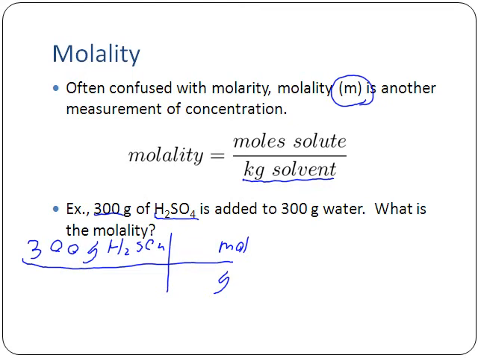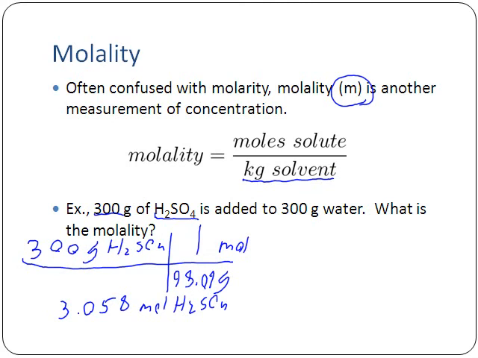And in this case, I get 98.09, so 98.09 grams in 1 mole. Doing this, we say 300, the number of grams we start with, divided by 98.09. And so I get 3.058 moles of H2SO4. No rounding yet because we're not at our final answer.